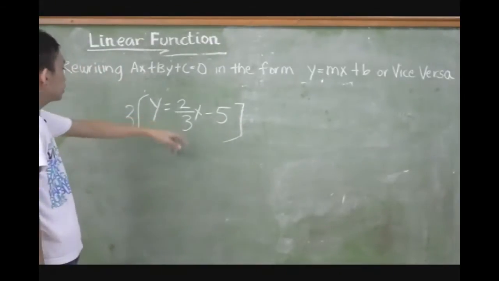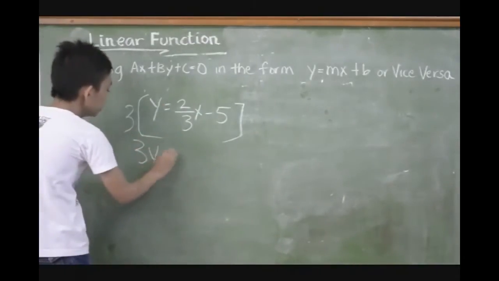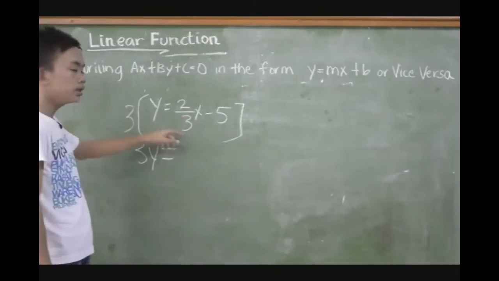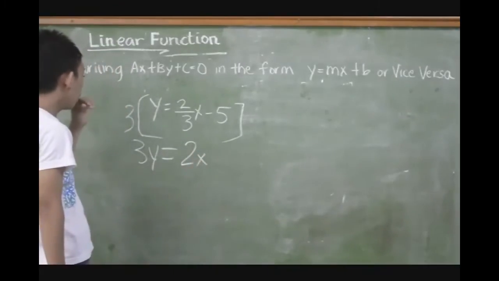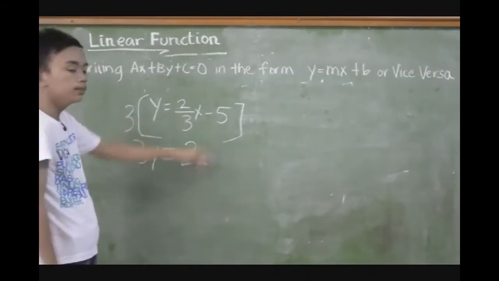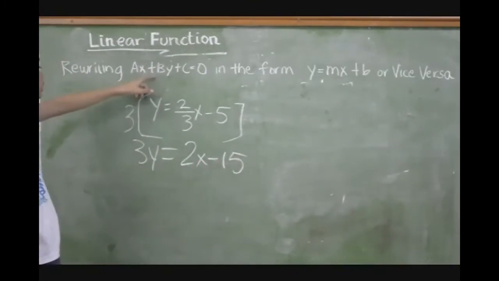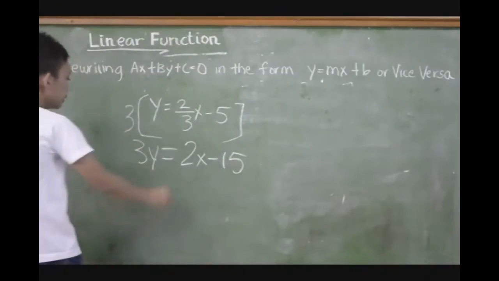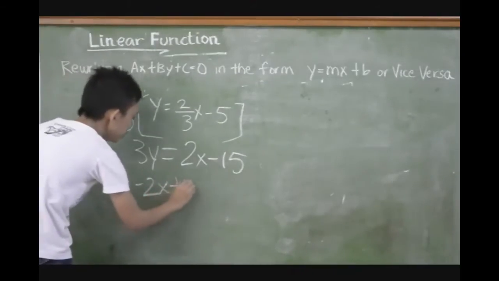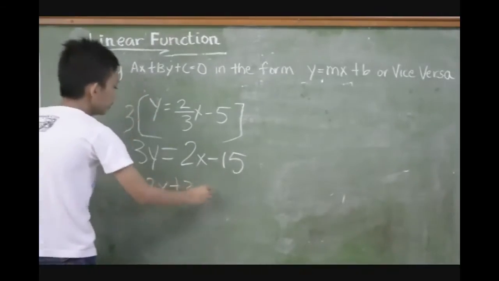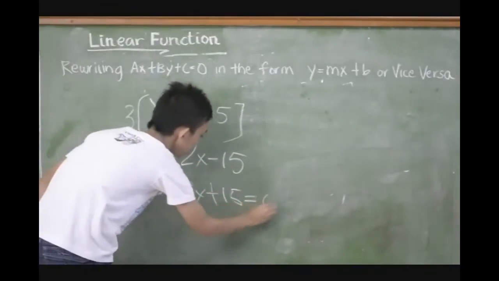I will multiply 3 times y, which equals 3y, equals 3 times 2/3 x, which is 2x, and 3 times negative 5, which is negative 15. I will rewrite this in the form ax plus by plus c equals 0. So, negative 2x plus 3y plus 15, because negative 15 moved over, equals 0.